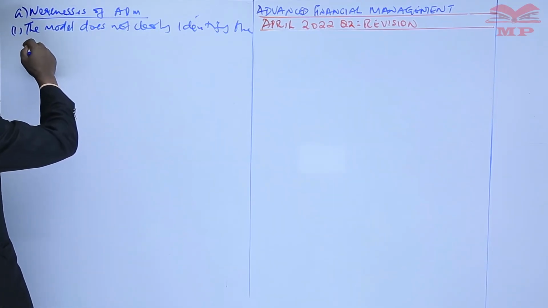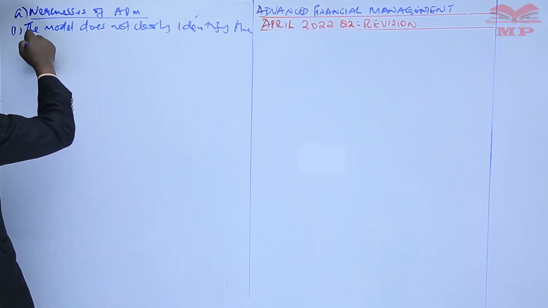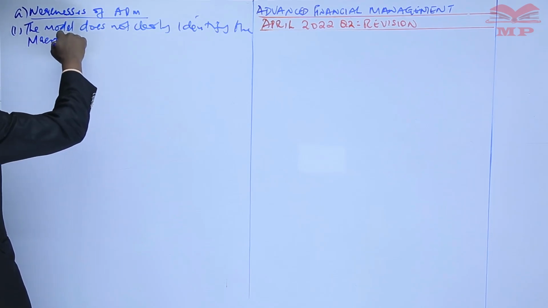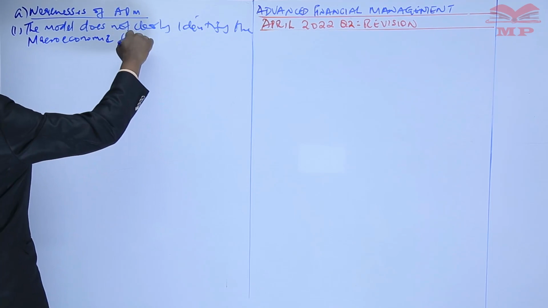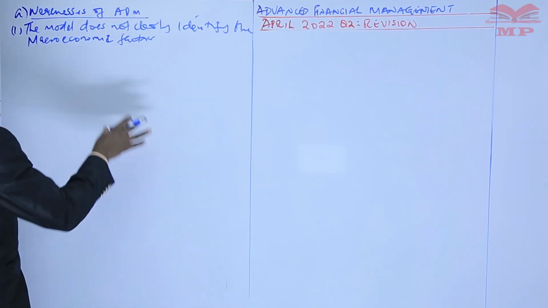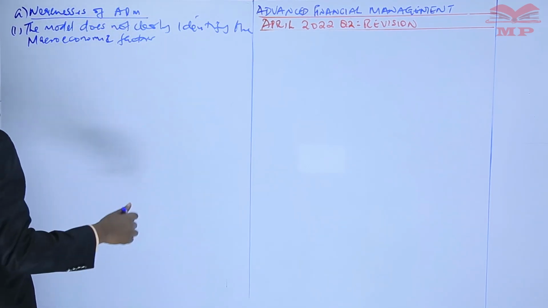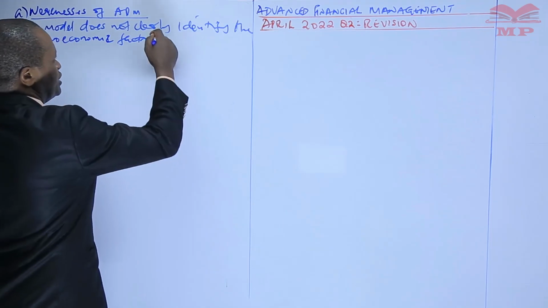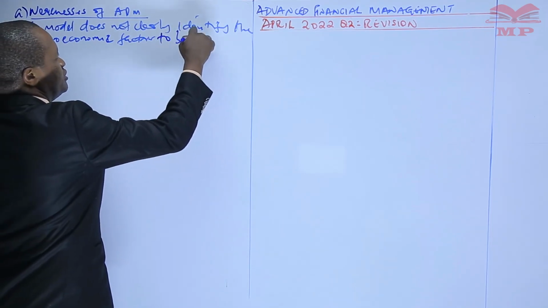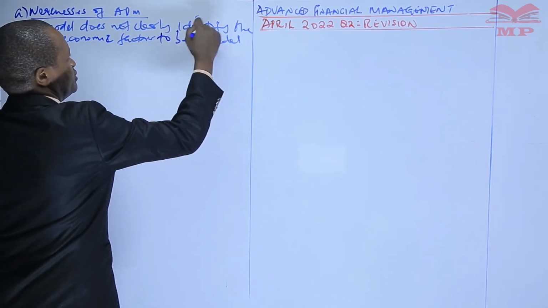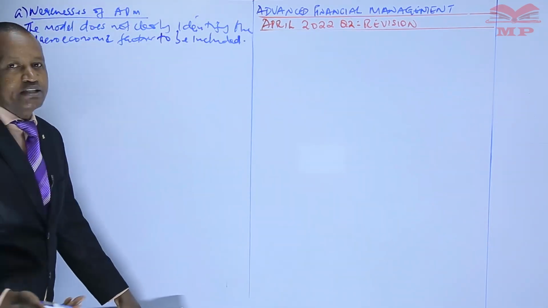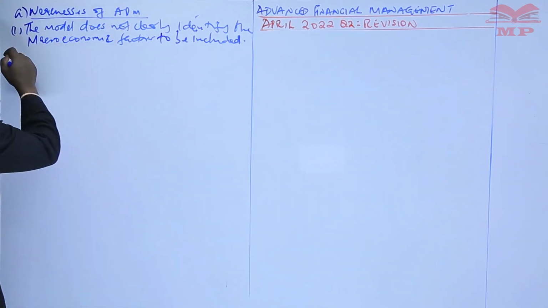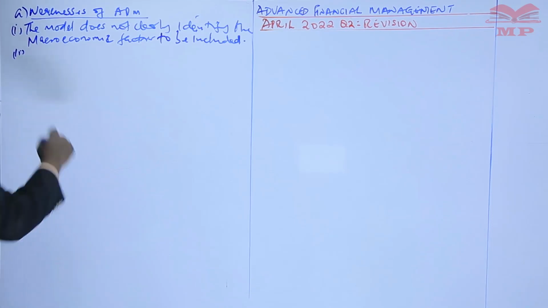It does not clearly identify the macroeconomic factors to be included in the model. That is a weakness.